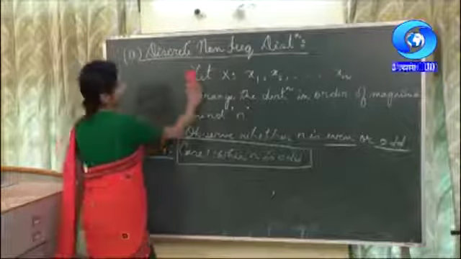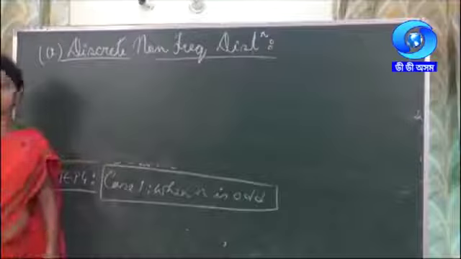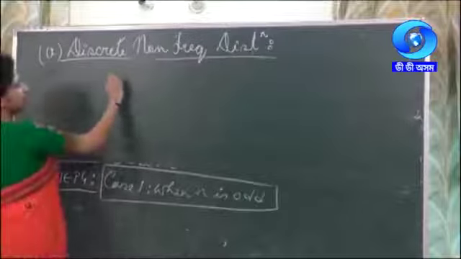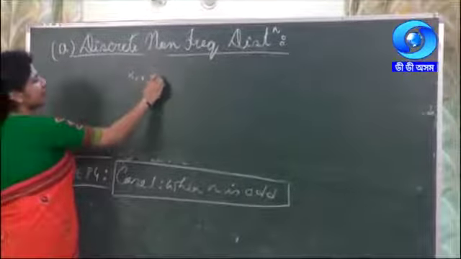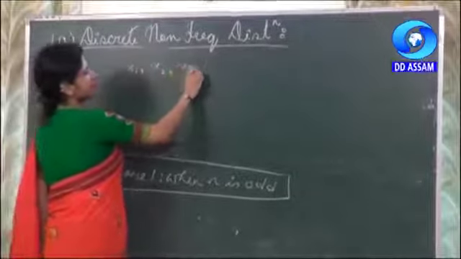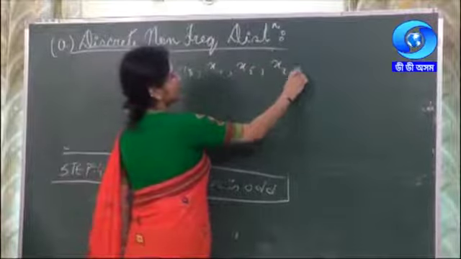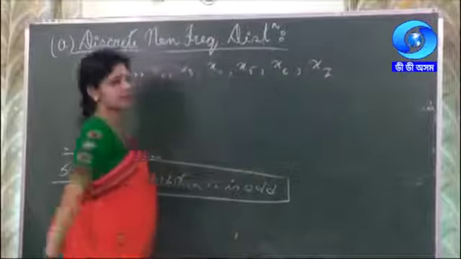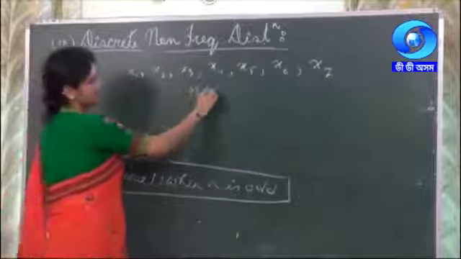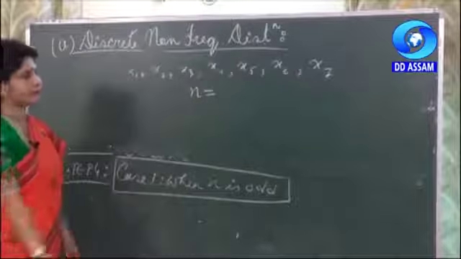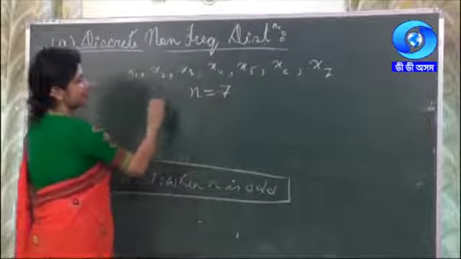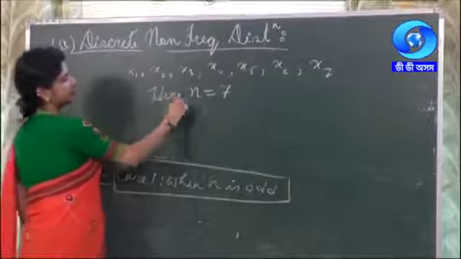So when n is odd, supposing we have values of x like this: x1, x2, x3, x4, x5, x6, x7, seven values, since we are taking an odd number of values. So here n is equal to 7, which is odd.